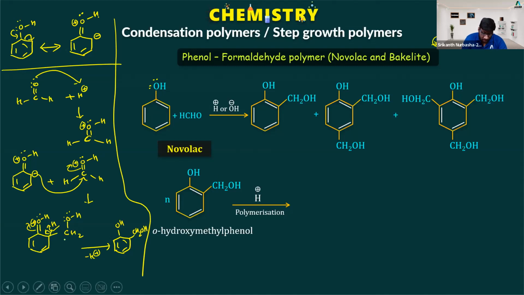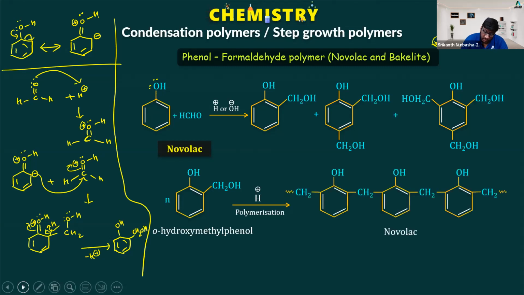Under that category, you will get a linear polymer like this. In the CH2OH, the connection is going to be lost. The CH2 groups are going to be connected with other molecules.